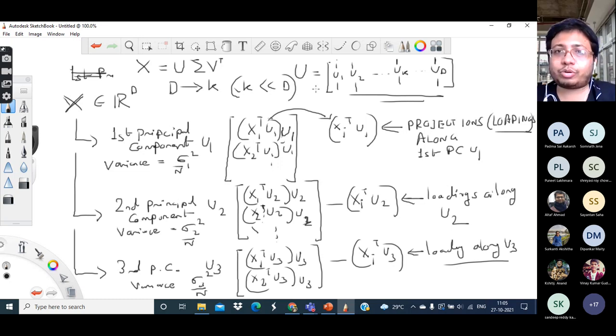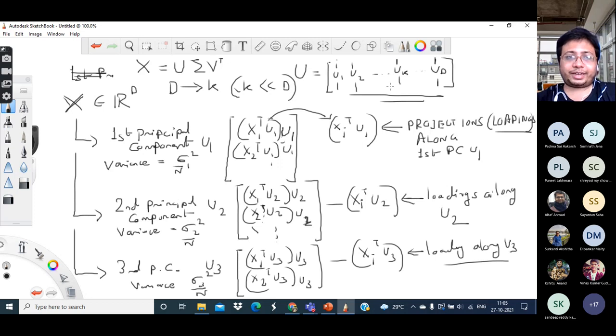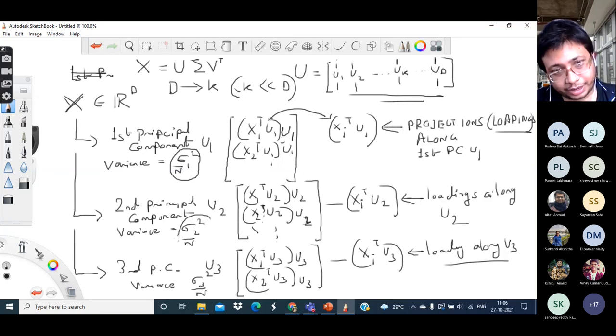So basically, what this framework gives is that it helps you project the entire data onto a subspace of the original space, and that subspace is defined by these k basis vectors, which are nothing but the singular vectors of X. Each singular vector explains part of the variance in the data, and that variance is defined in this way.